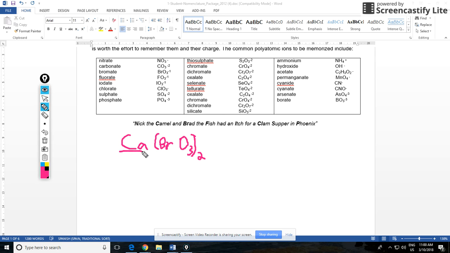Your first step is naming the metal, which is calcium. Don't change the ending, just write it as is. Your second step is naming the polyatomic ion as it appears. Don't worry about the little subscripts, just find the name of BrO3, and we just saw it in the example over here. It's the bromate ion, so we have calcium bromate.